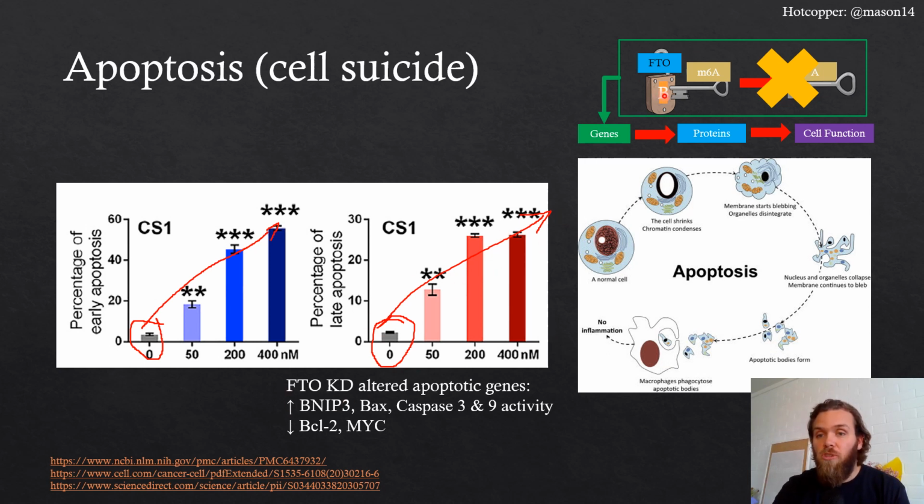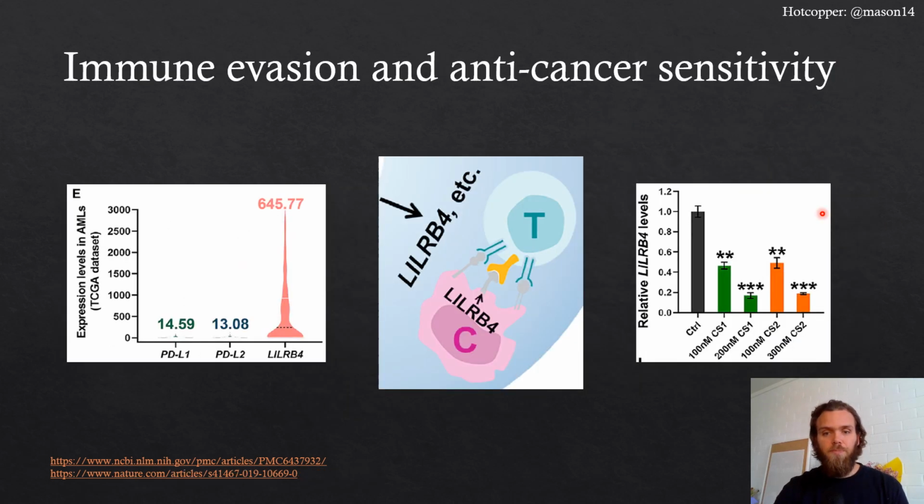Bisantrene is binding to that catalytic pocket. It's preventing M6A from turning into A. That doesn't happen, and that alters the genes down here, which alters the production of proteins, which alters cellular function. So instead of inhibiting cell suicide, it's now able to go through that process, which leads to a reduction of cancer cells. And that's pretty much it.